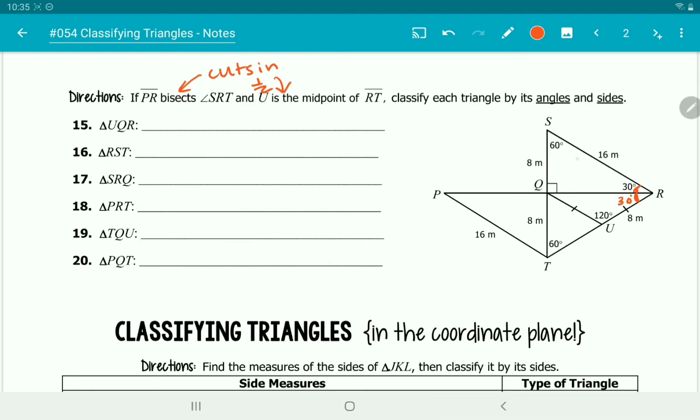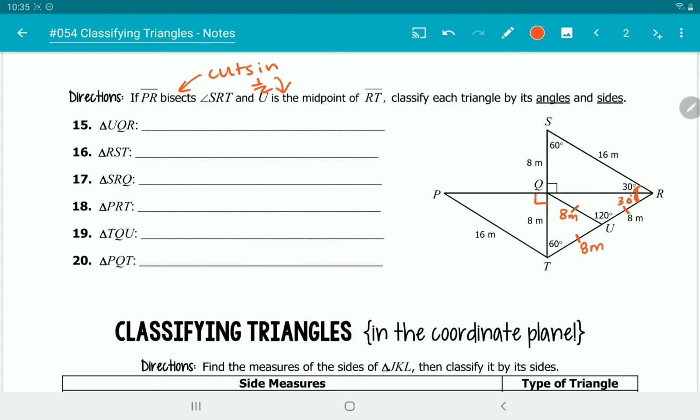So R to T, U is the midpoint, so if this one's 8 meters, so is this one, and so is this one, since it already has that little tick mark there. Then we're going to classify each of these triangles.